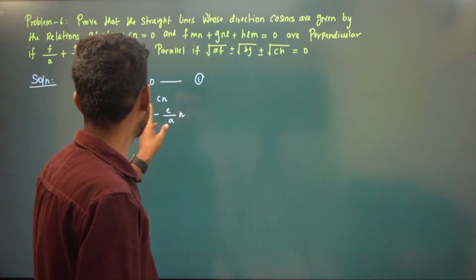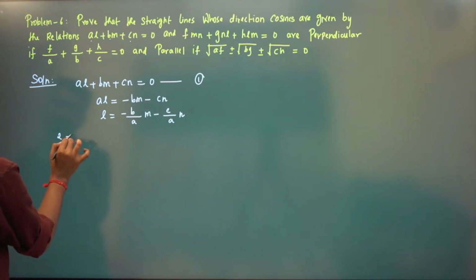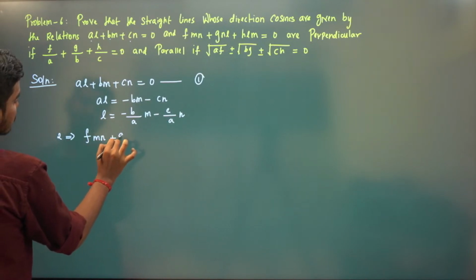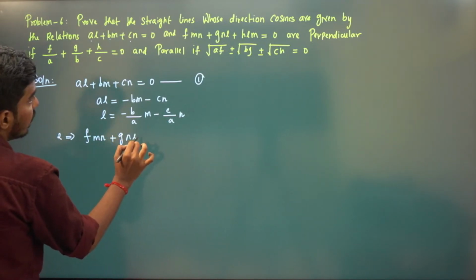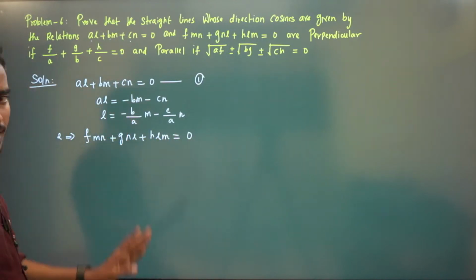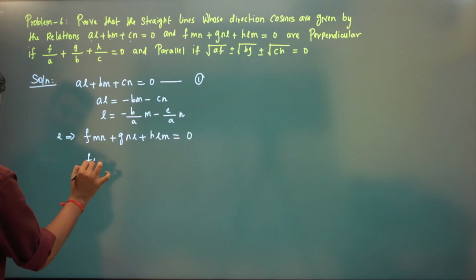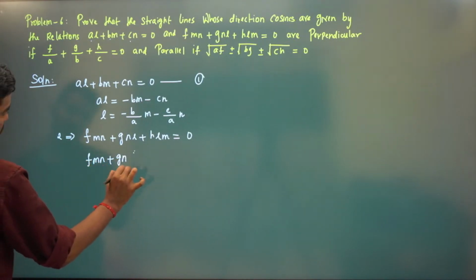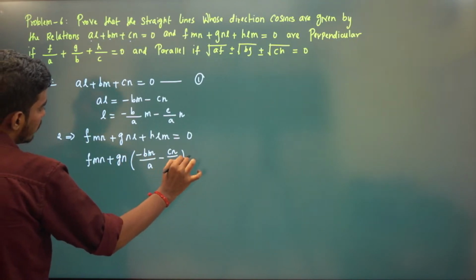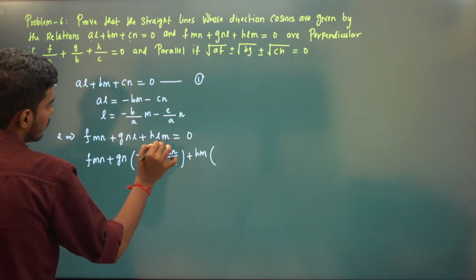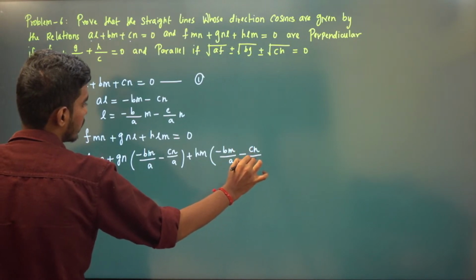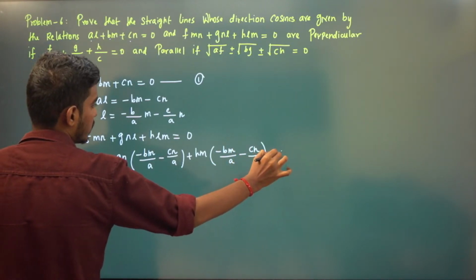So we will substitute L in this. So what is 2? So 2 is F times MN plus G times NL plus H times LM is equal to 0. We will replace L to be this. So F times MN plus GN times L, where L is minus BM by A minus CN by A, plus HM into L, so minus BM by A minus CN by A equal to 0, right?